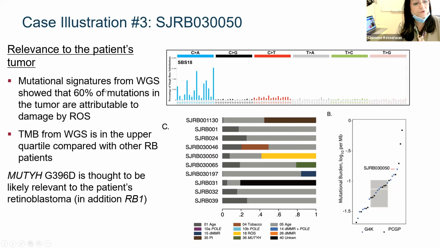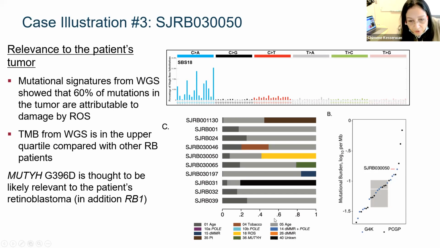So mutational signature from whole genome sequencing of this patient shows that 60% of mutations in the tumor are attributable to damage by reactive oxygen species. Let me show it to you here. You see, this is our patient.